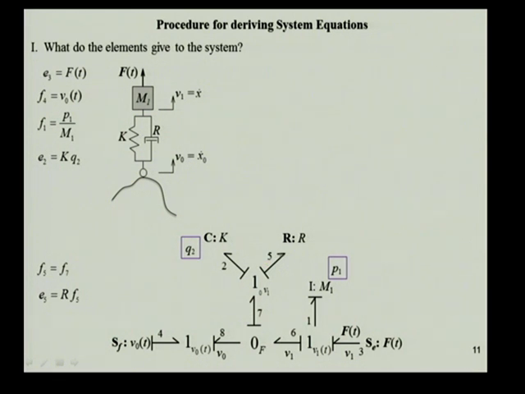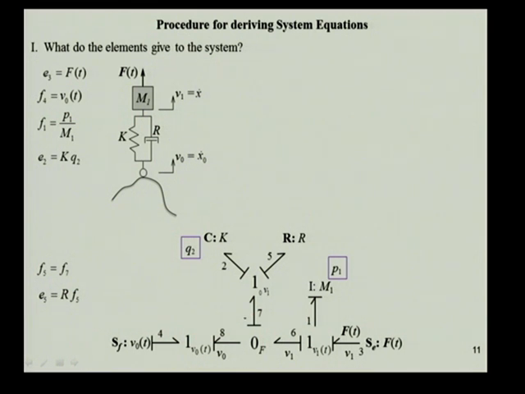If you track the information of flow 5, you can see that it is coming from here, because in this one junction only one bond is bringing in information of flow and it is coming in from here.